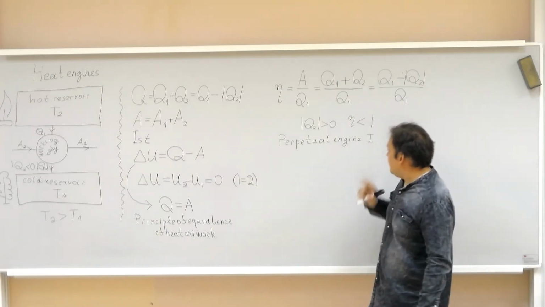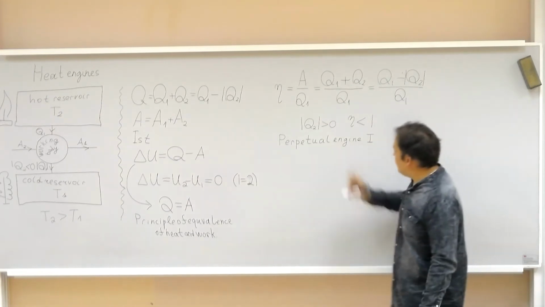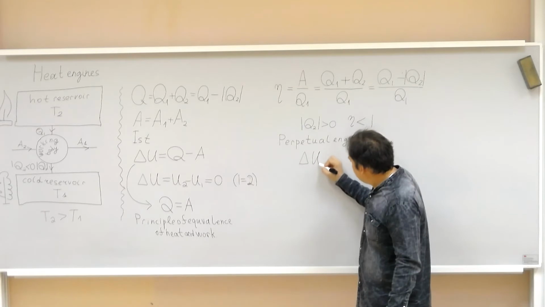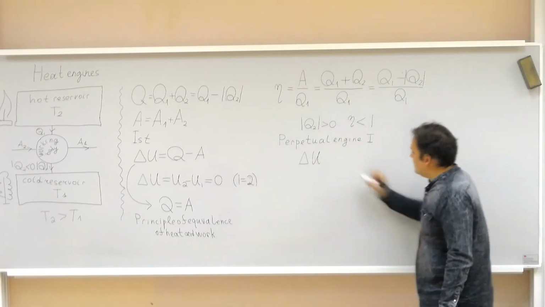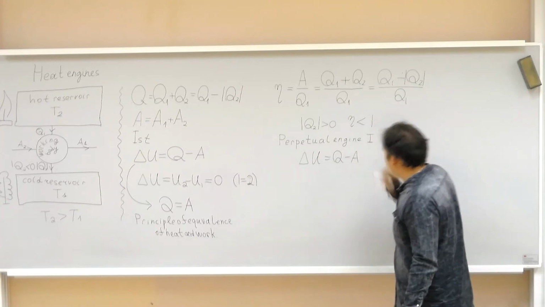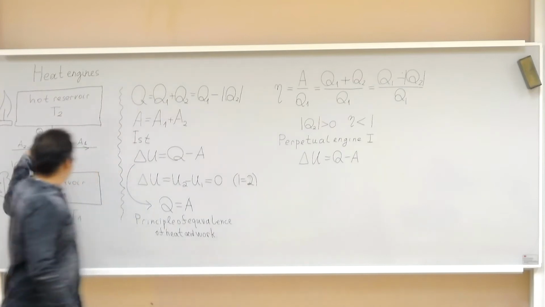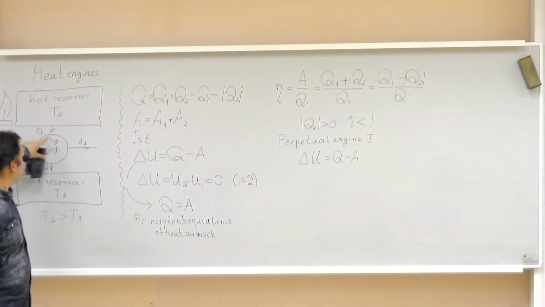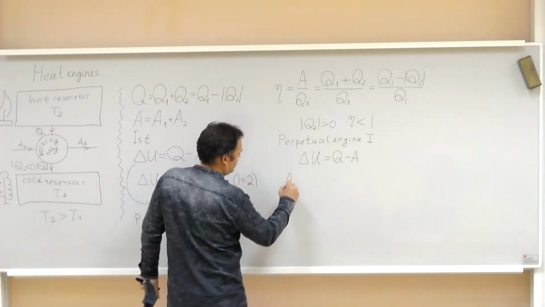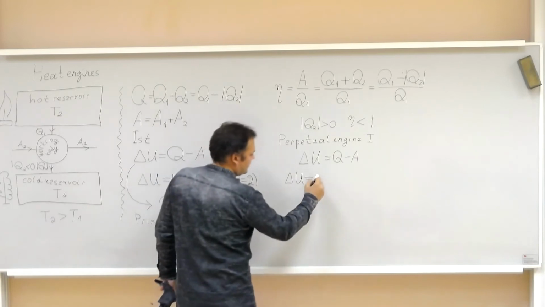Let us apply the first law of thermodynamics to the perpetual engine. The working body changes its state periodically, so its internal energy after a cycle of work does not change.